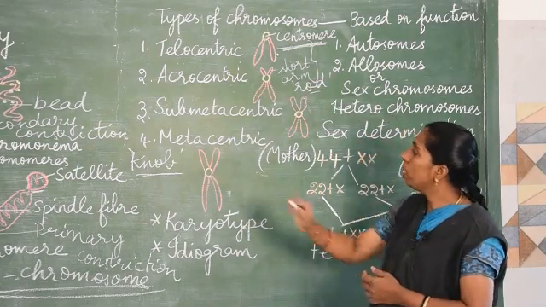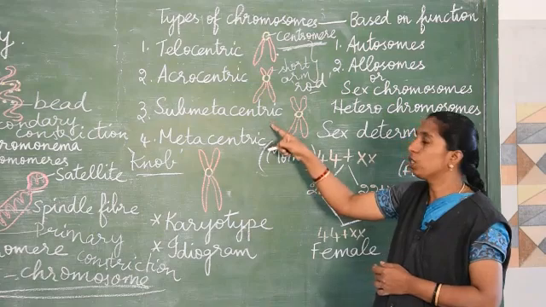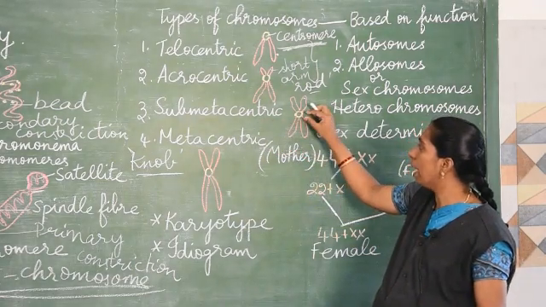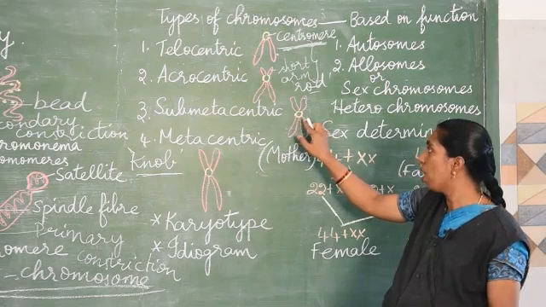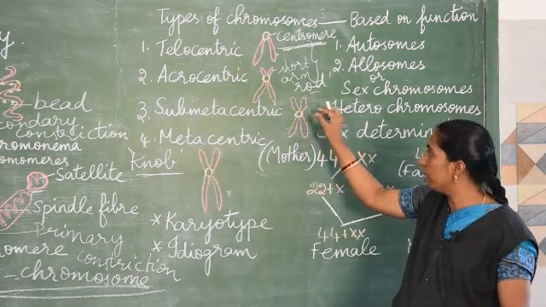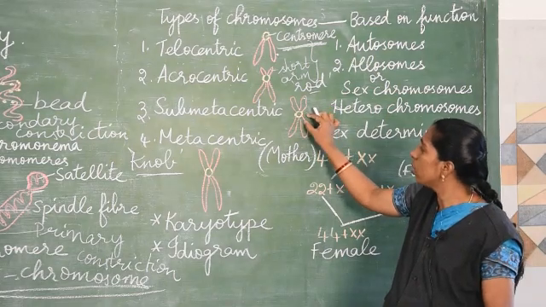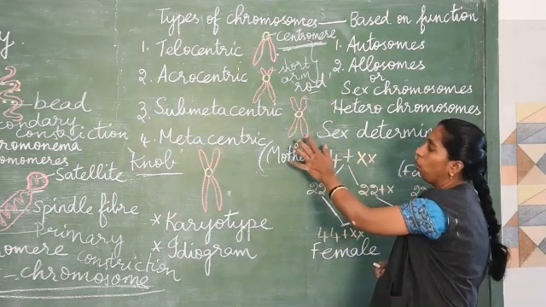The third one is the submetacentric chromosome. Here the centromere is not exactly located at the center, it is just unequal. It can be J-shaped or L-shaped. Like this, a J-shaped or L-shaped chromosome is a submetacentric chromosome.